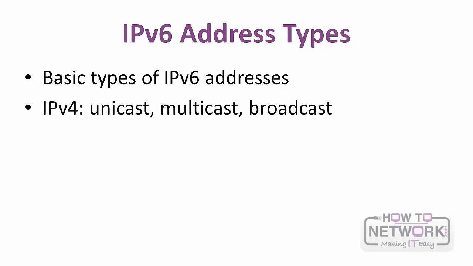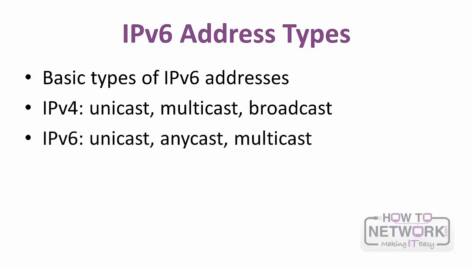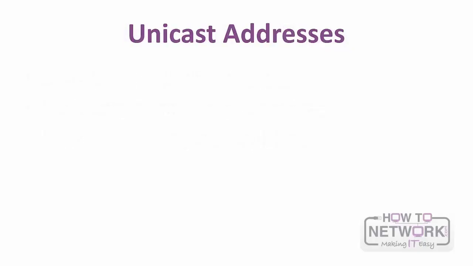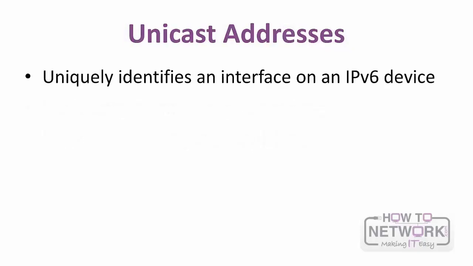In IPv4, there are unicast, multicast, and broadcast addresses. In IPv6, there are no broadcast addresses. The 3 types of addresses in IPv6 are unicast, anycast, and multicast. A unicast address uniquely identifies an interface on an IPv6 device.